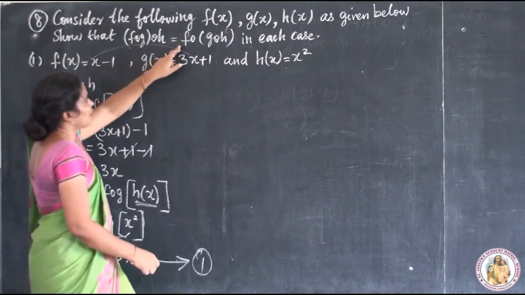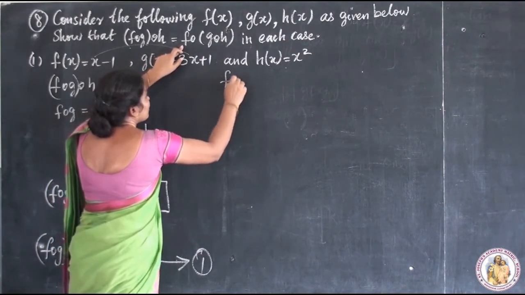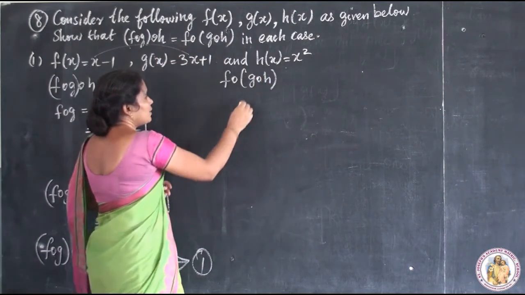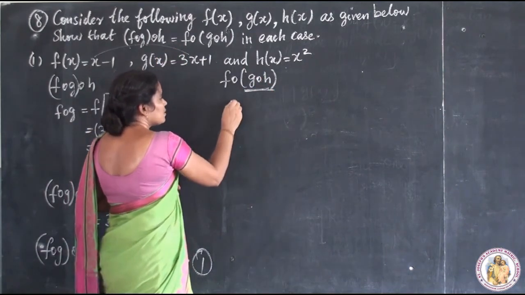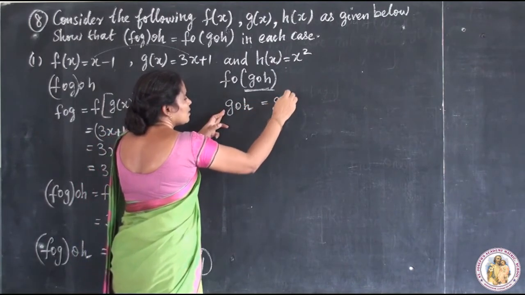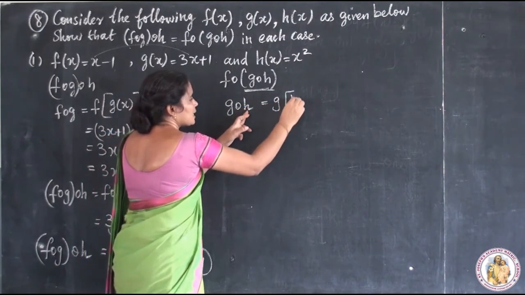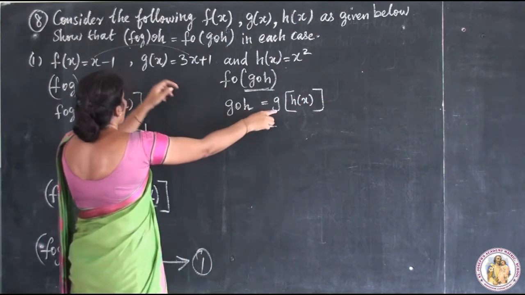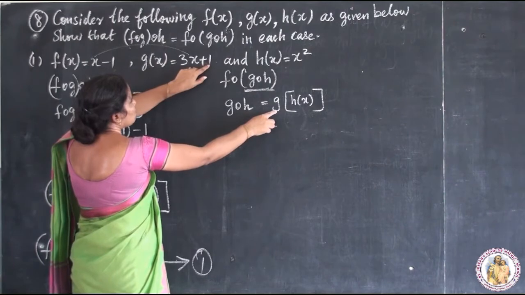And then you have to find f of g of h. So again you have to go with bracket. So g of h, that is g of h of x. What is g? g is 3x plus 1.